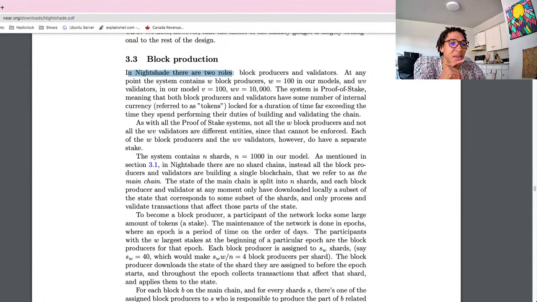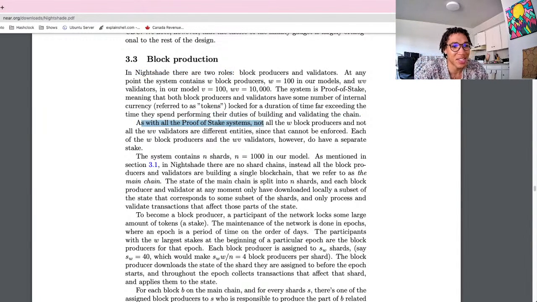The system is proof of stake, meaning that both block producers and validators have some number. Are they different in this? Okay, some sort of number of internal currency referred to as tokens locked. Okay, yes, we're staking. I get it. Far exceeding the time they spent performing the duties of building the validator chain.